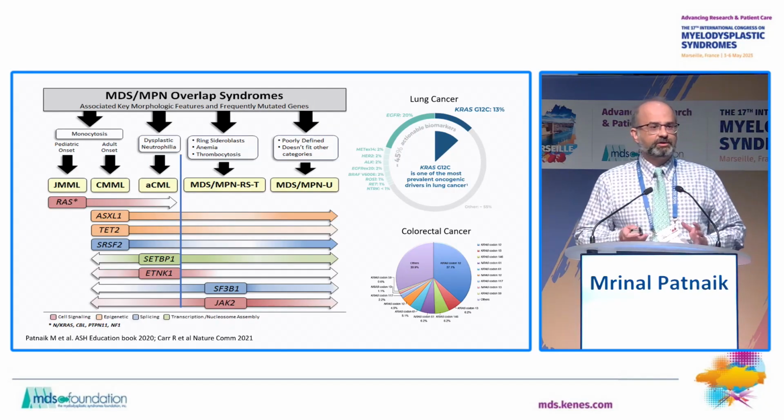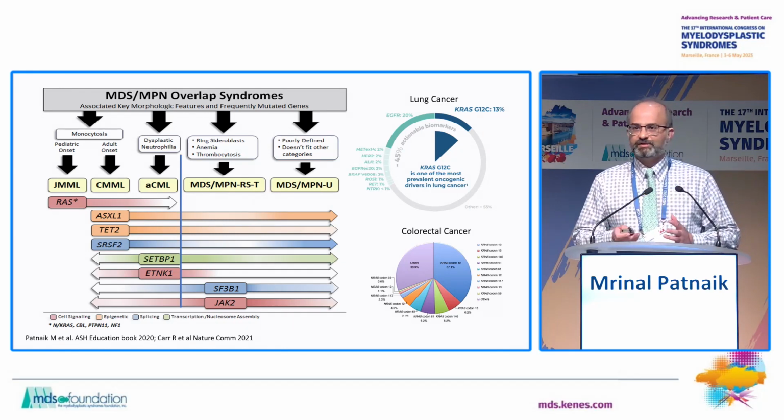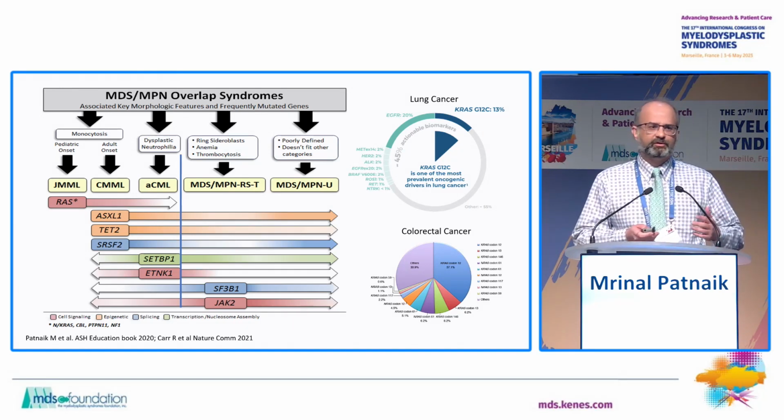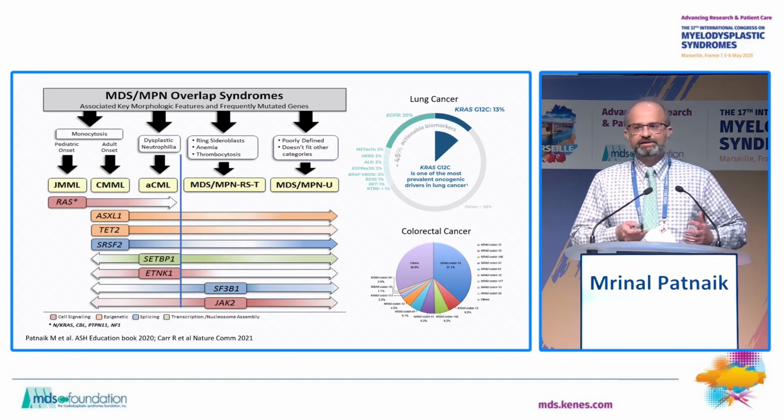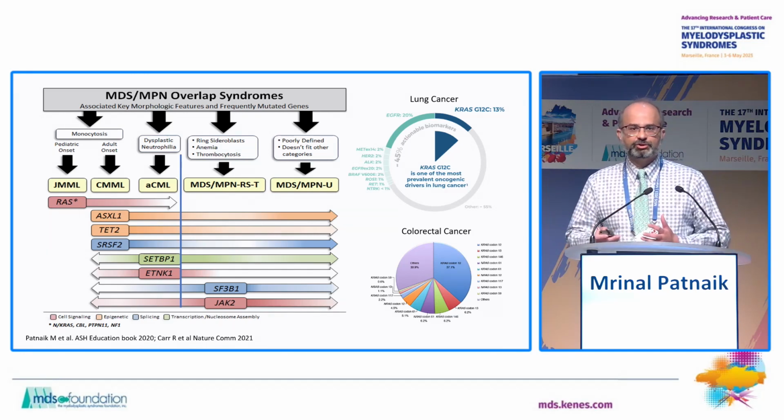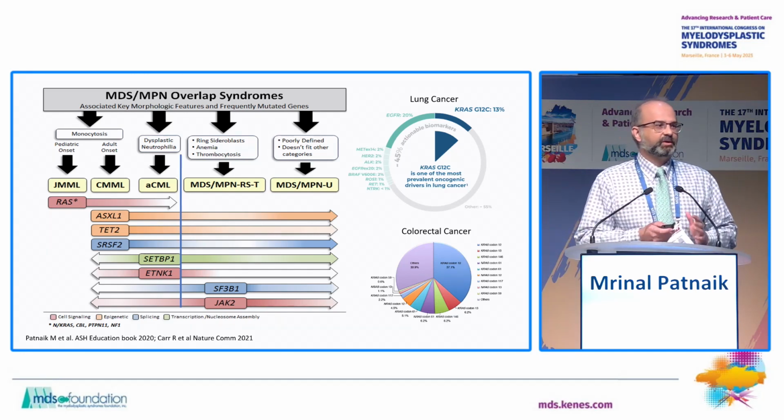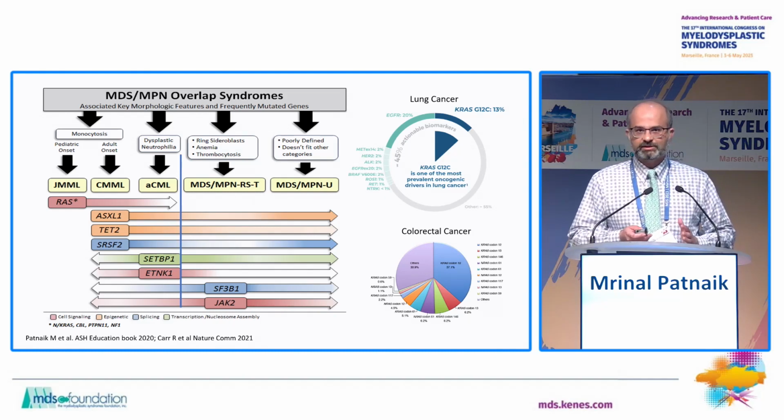Now, in hematological malignancies, RAS mutations have often been looked at as subclonal, not targetable, things that occur late during clonal evolution. But this is not the case when we deal with overlap neoplasms.